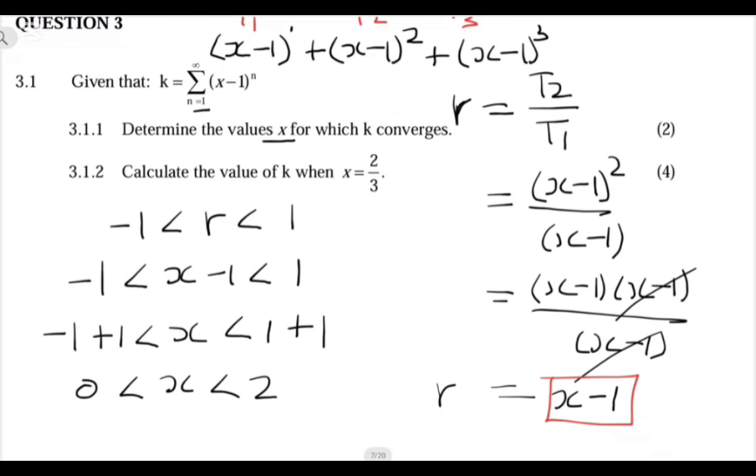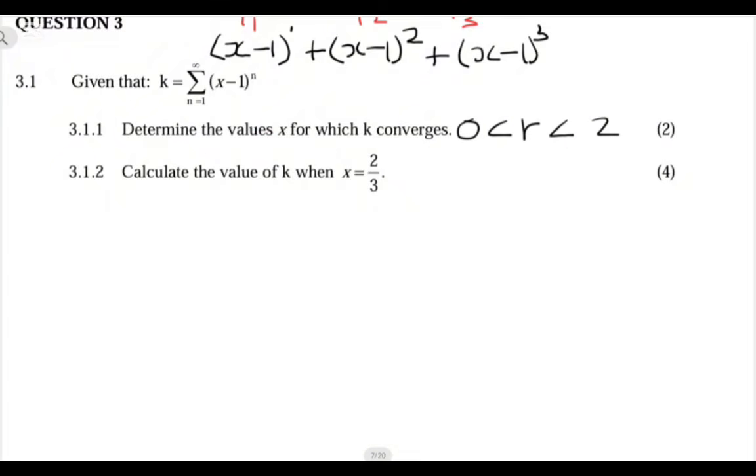So the values of x that make this series converge are found between 0 and 2. Why don't we have one x value? The reason is that they ask for values, not the value of x. It means there are more, so they are found between 0 and 2.